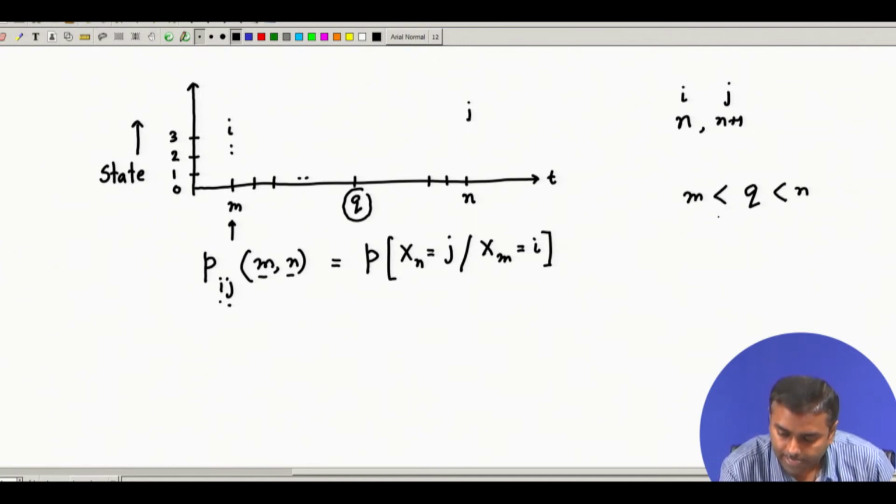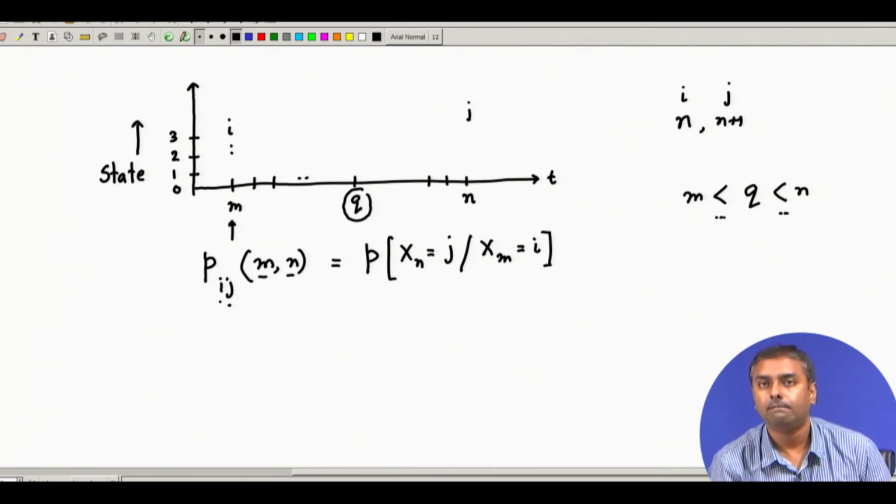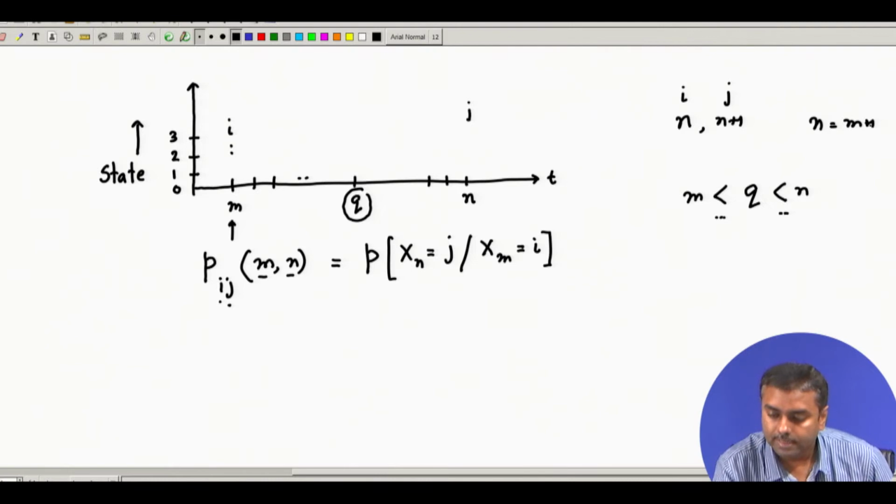Of course, there can be an equality sign, but right now we are not taking that. The equality sign will come if m and n are not more than 1 separated, because in between I cannot get one. If n is equal to m plus 1, then I cannot have a distinct q which is not equal to either m or n.